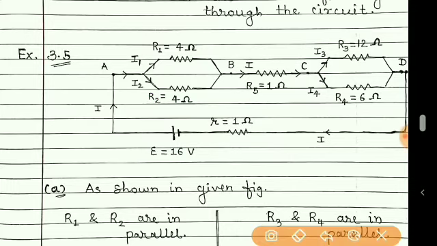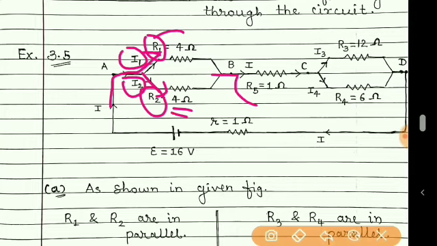Also the current gets divided across these two resistors because they are in parallel, and we have given the names for this current as I1, this as I2. Resistor here is R1, which is 4 ohm, here it is R2, again it is 4 ohm.